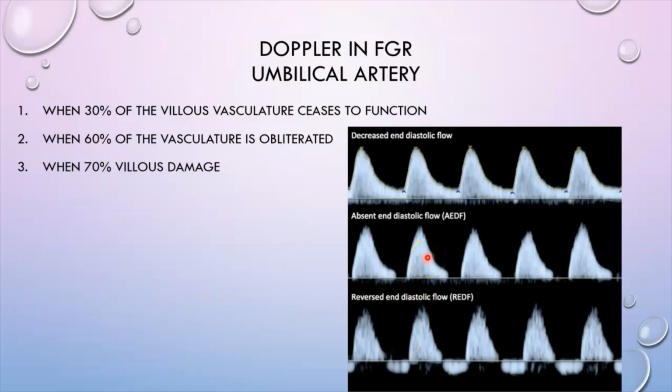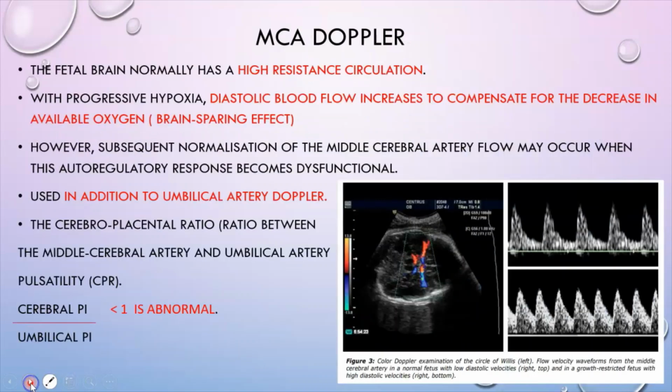When just 30% of the villus vasculature ceases to function, there is a decrease in the diastolic flow. Subsequently, when 60% of the vasculature gets obliterated, there is absence of the end diastolic flow. And further, when there is 70% or more of the villus damage, then you can see the reversal of the end diastolic flow in the umbilical arteries.